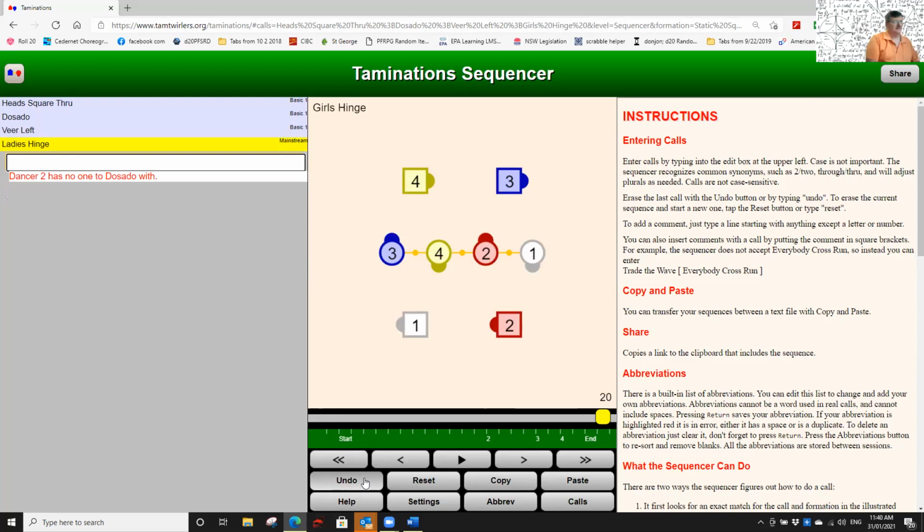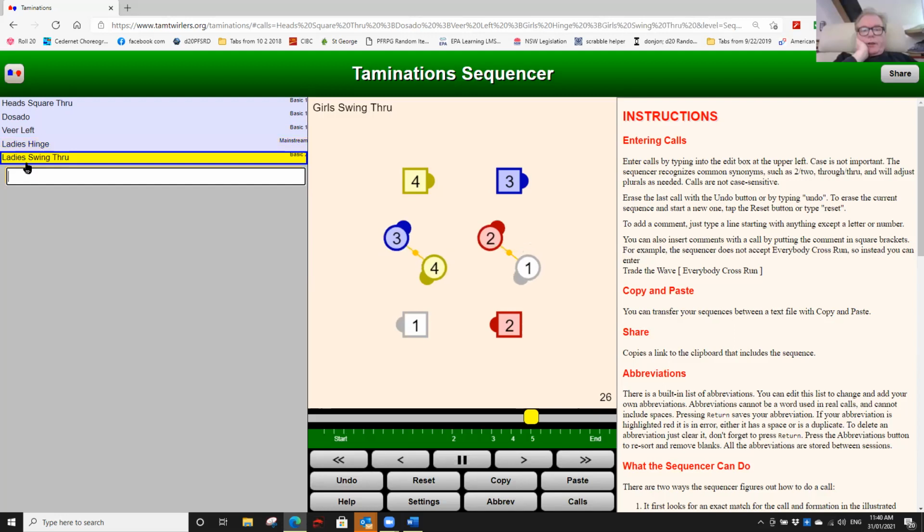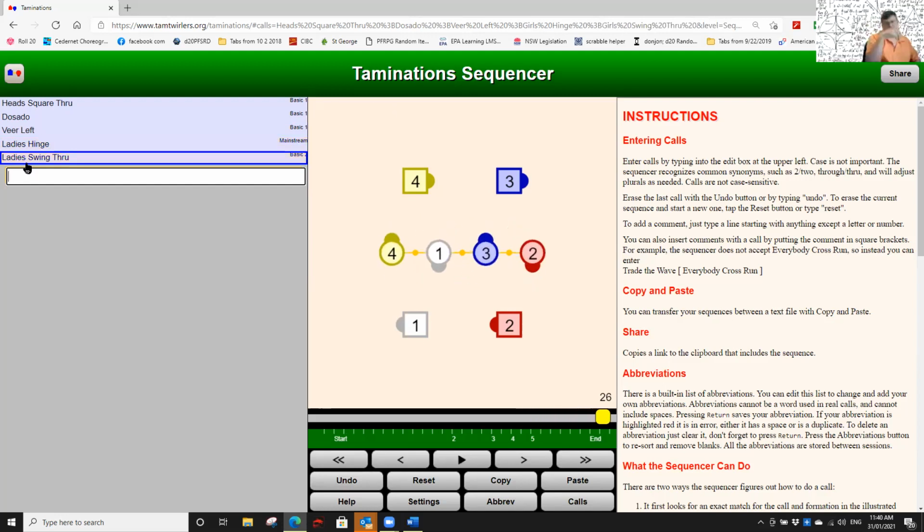Okay, so the girls are now in 1, 2, 3, 4. That's their sequence. If I do ladies swing through, no, the girls are in 1, 4, 3, 2. Oh, you're going the other way around. That's okay. I'll give you that one.